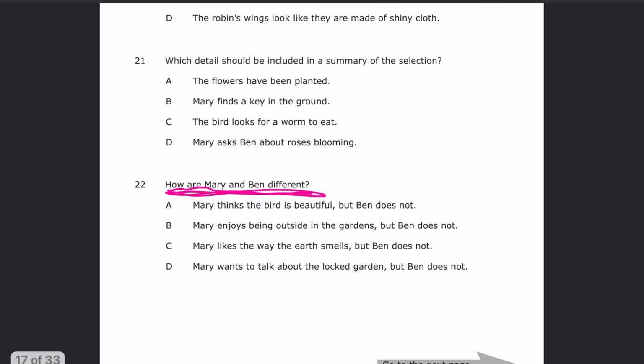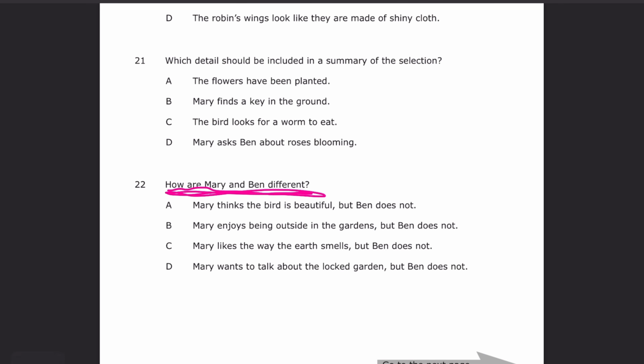So I see a question that clearly asks us about the characters. And here is a question that says, which details should be included in a summary of the selection. I know fiction summaries include my main idea, my beginning, middle, and end, and then I'm wrapping it up thinking about my theme, right?